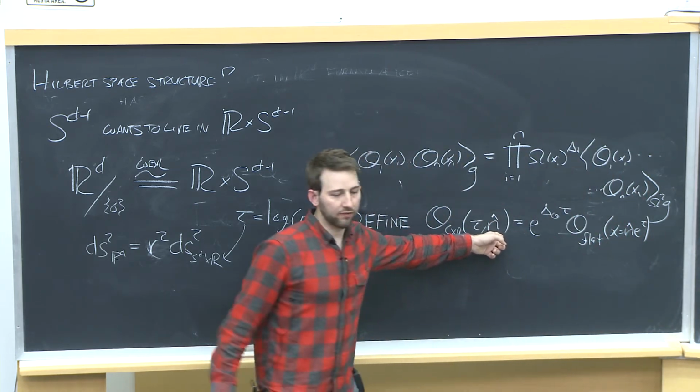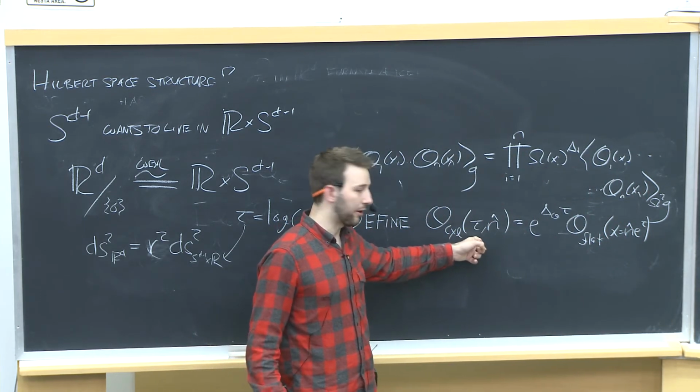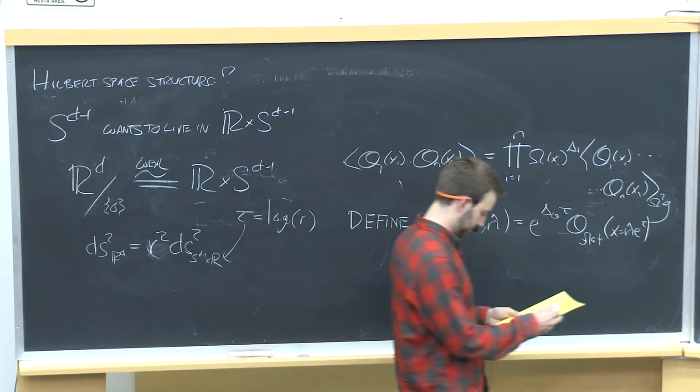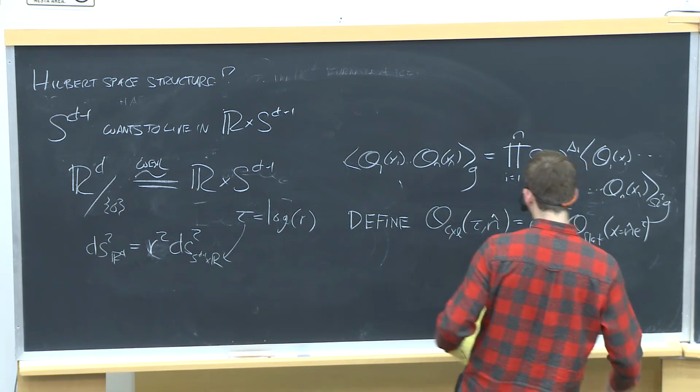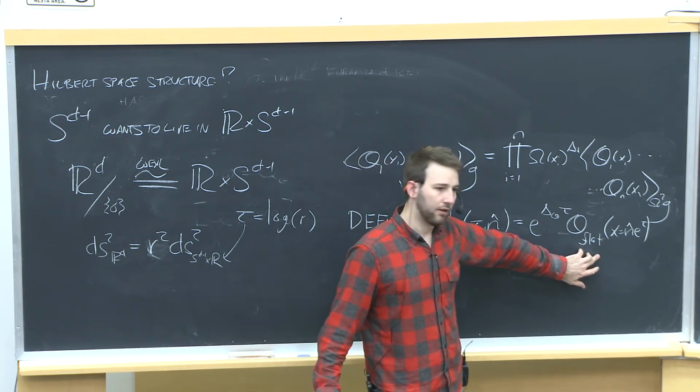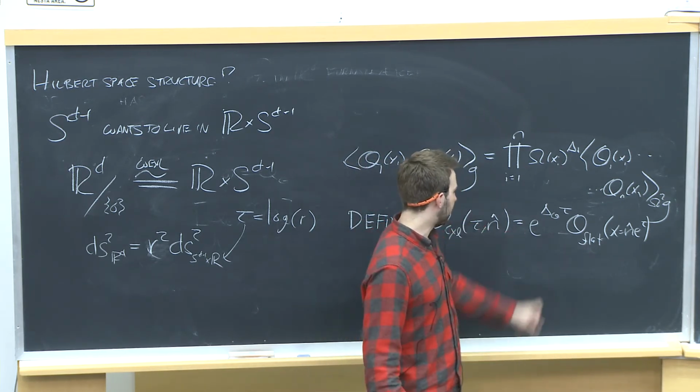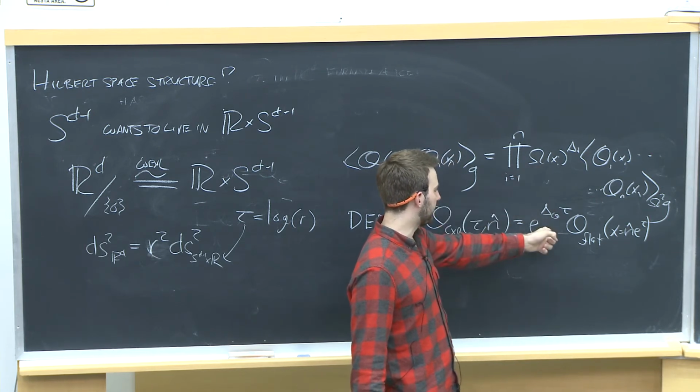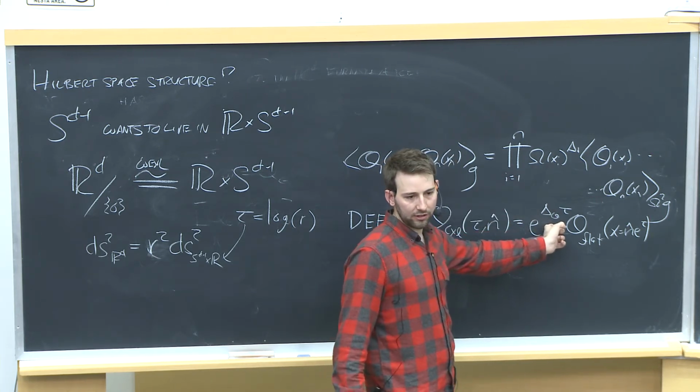Here n is some unit vector that tells me where I am on the sphere, and tau is the time along the cylinder. And then correlators between these cylinder operators and these flat space operators agree. I've just absorbed this factor of omega, which is e to the delta, which is e to the tau in these cases.